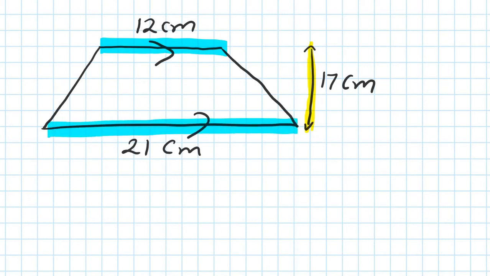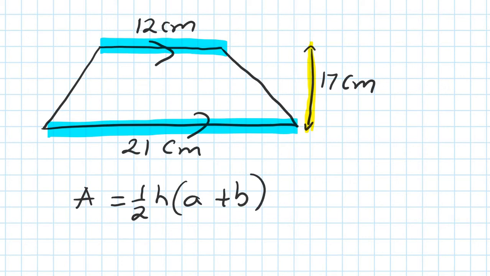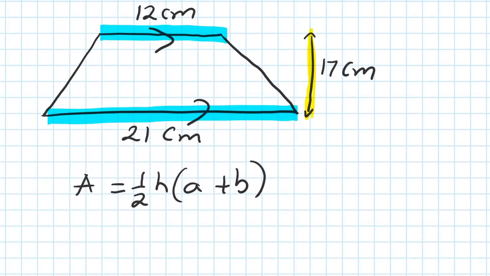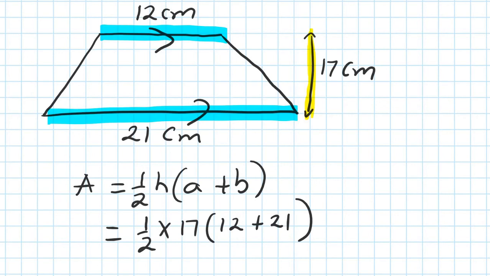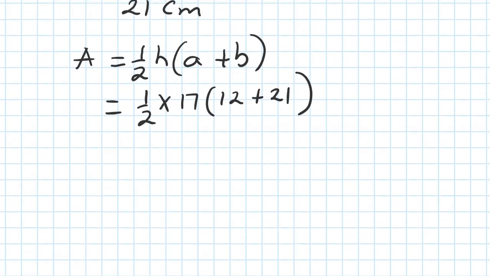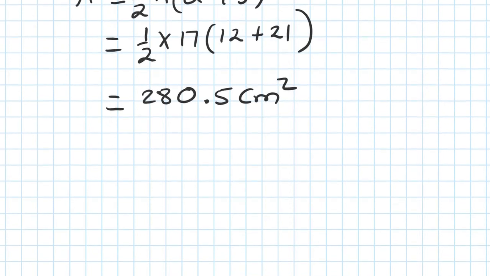So the area of this is a half of H, open bracket, A plus B. So now it is equal to a half times 17, open bracket, because this perpendicular height is 17, 12 plus 21 or 21 plus 12, doesn't really matter. If you type that in your calculator, you should get 280.5 centimeters square. Now let's move along to the next one.